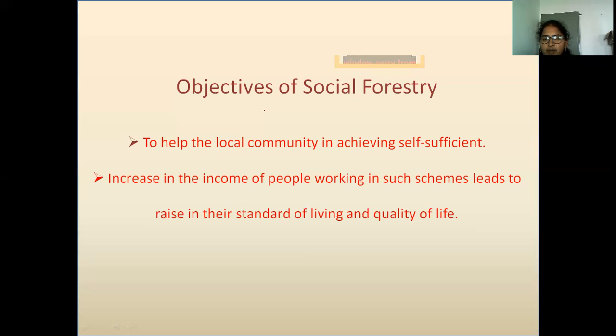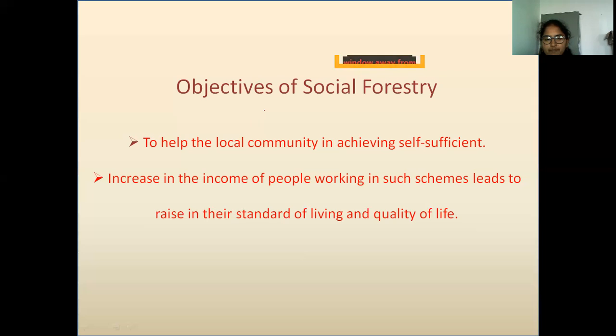Day by day the population is increasing, so we need more and more food products. By planting these plants, by implementation of this forestry, it gives fruits and also gives good health.